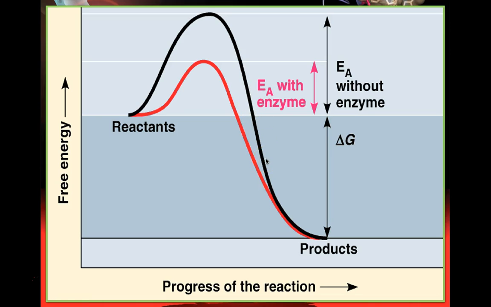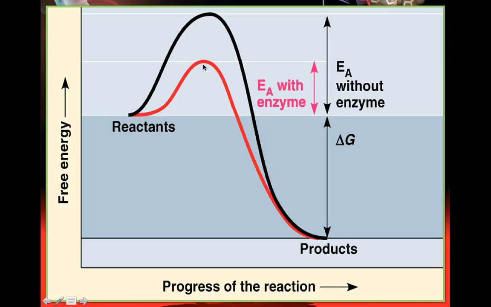So for all chemical reactions, as we talked about in class, we have our reactant side, which is the beginning of any chemical reaction. And then once those reactants react together, we will then form our product. Now it's important to keep in mind that in this graph, you're comparing the exact same chemical reaction.